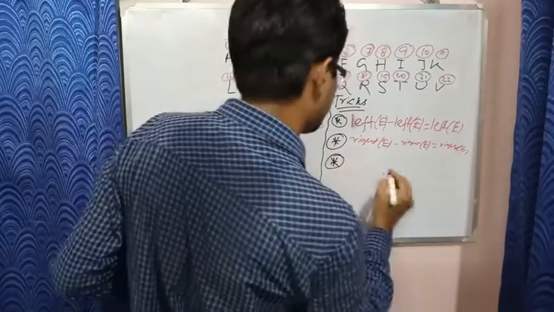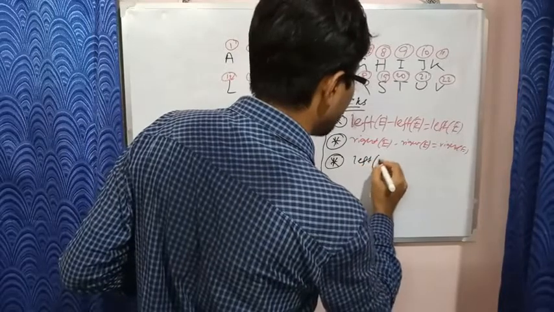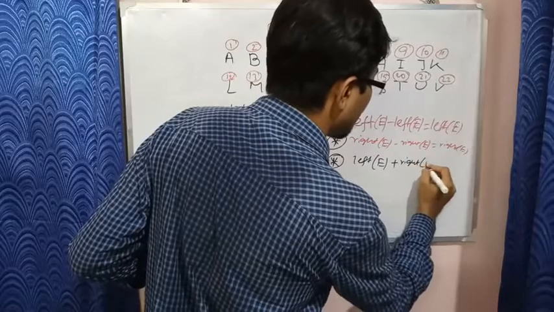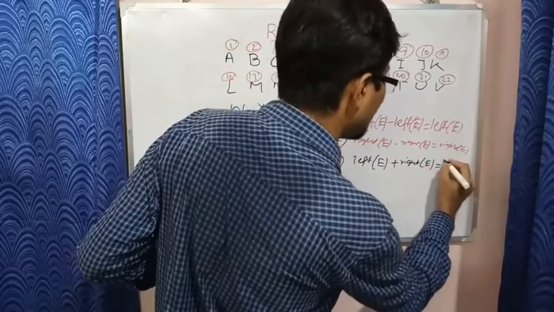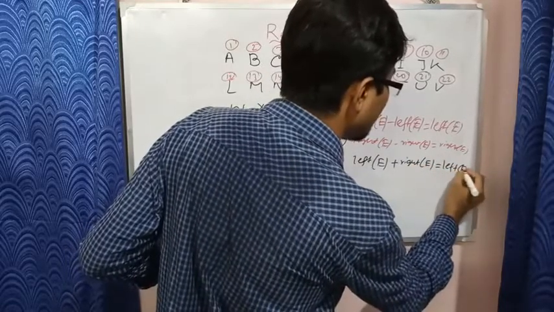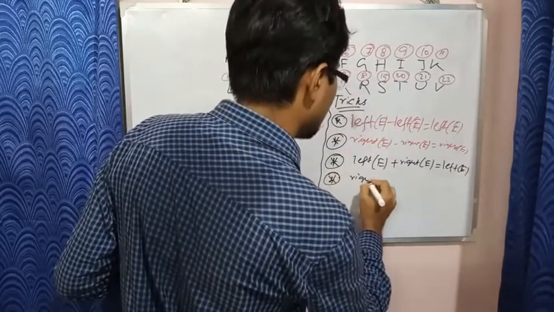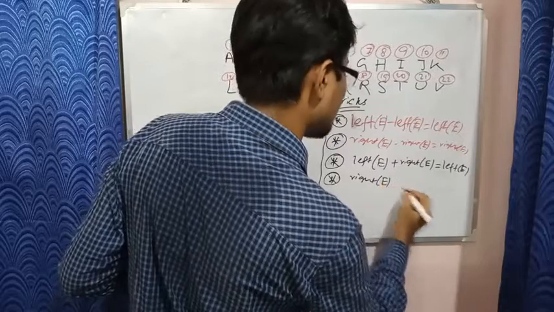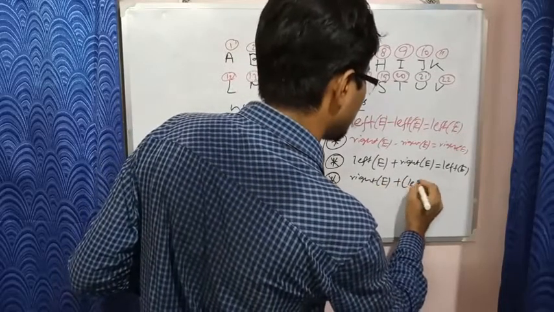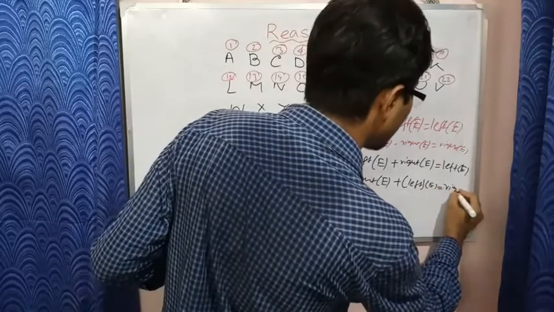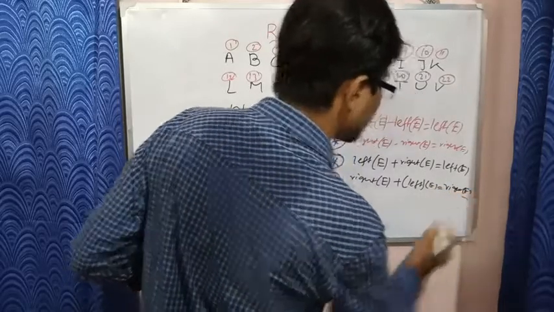Third rule: left element plus right element is equal to left element. Fourth rule: right element plus left element is equal to right element.